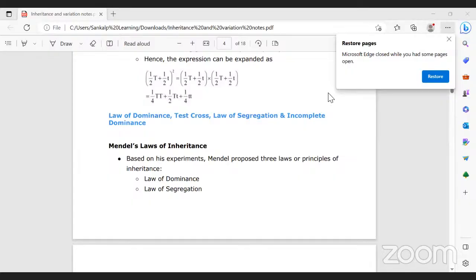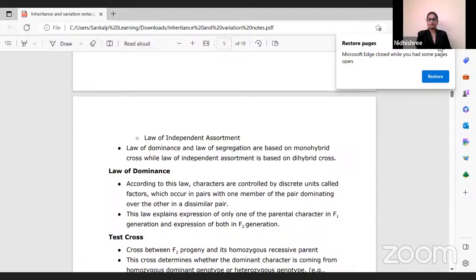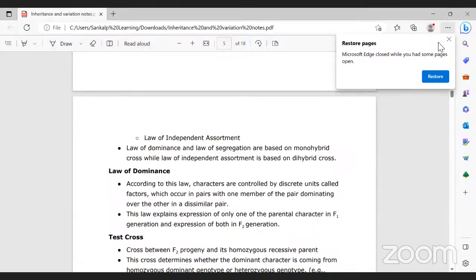Mendel's law of inheritance. Based on his experiments, Mendel proposed three laws or principles of inheritance: law of dominance, law of segregation, law of independent assortment. Law of dominance and law of segregation are based on monohybrid cross, while law of independent assortment is based on dihybrid cross.